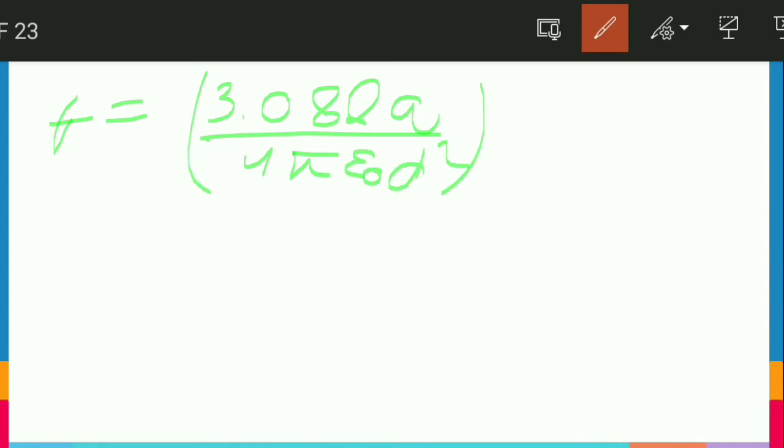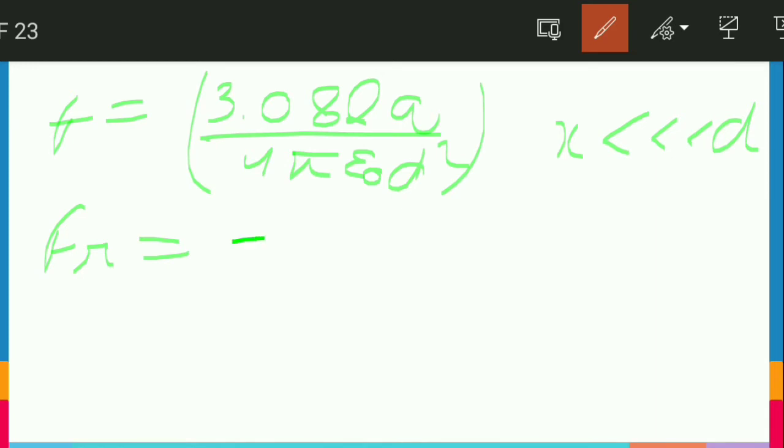The questioner used to ask one more thing. If x is much less than d, and the charge is negative, we have to find the time period of oscillation of the charge. From the equation 2F cos theta, we write Fr, because it will act as a restoring force.